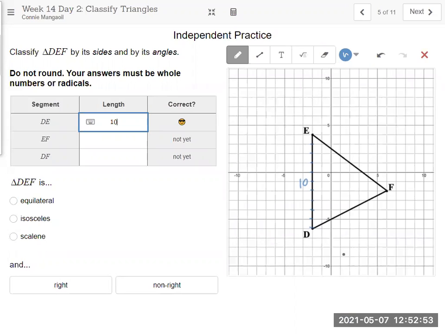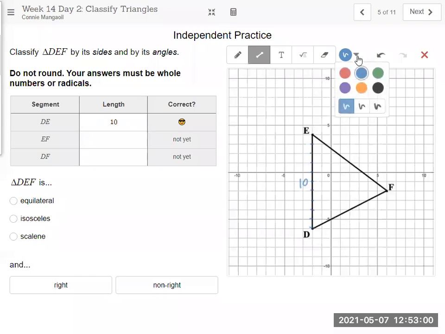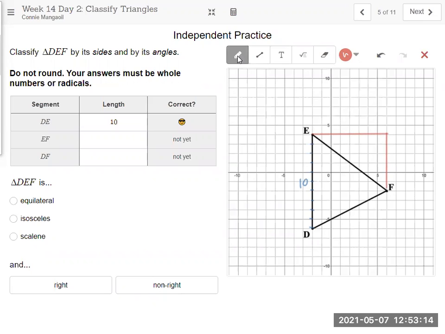All right, next, EF. So for EF, this is your EF. So we will draw our horizontal and vertical, okay, to form that right triangle. And then we count. So this would be 1, 2, 3, 4, 5, 6, 7, 8. That's 8 units.